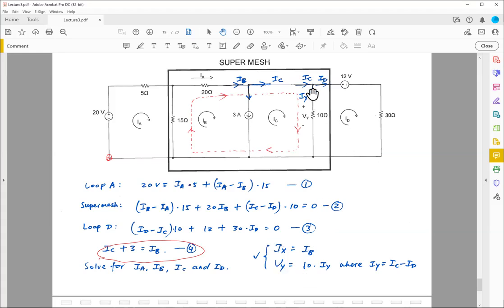Okay. What's Vy? Well, remember, Vy is equal to some Iy times this resistor. So how do you find Iy? Right, using KCL here at this node. Iy simply is equal to ID minus IC.